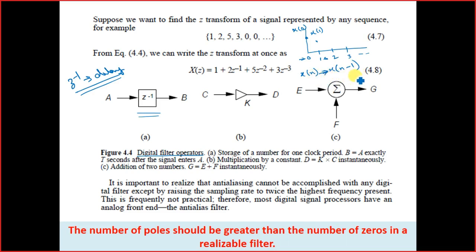So physically what would be the action on the signal front? The x0 will be placed at 1, x1 will be placed at 2, and so on. If I further delay this signal, then I would get x of n minus 2.